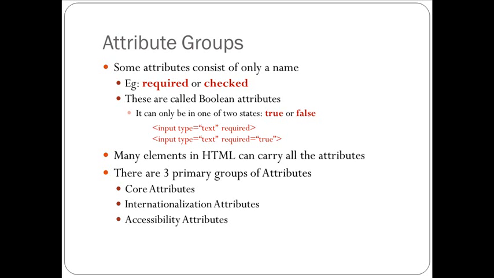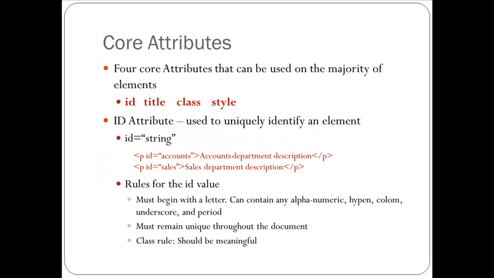There are actually three primary groups of attributes: core attributes, internationalization attributes, and accessibility attributes. And we'll talk about the accessibility attributes later in the term, but for right now we're going to look at the core attributes.